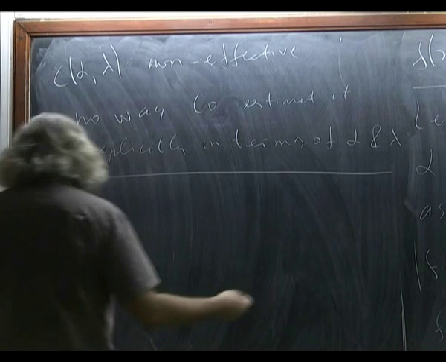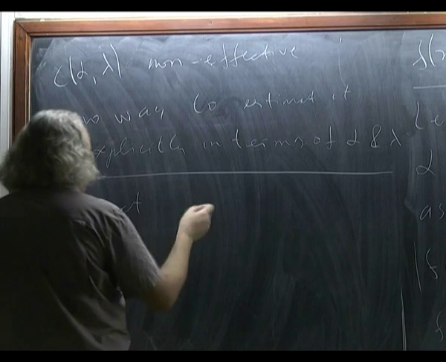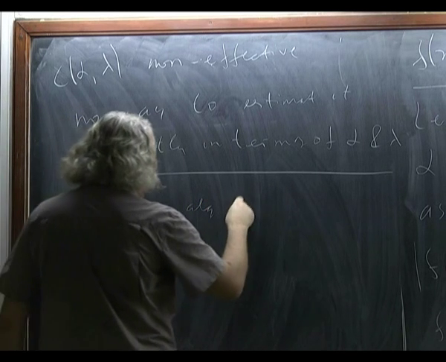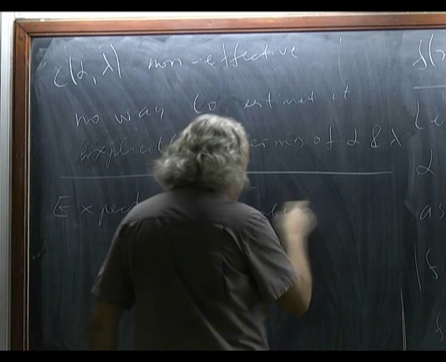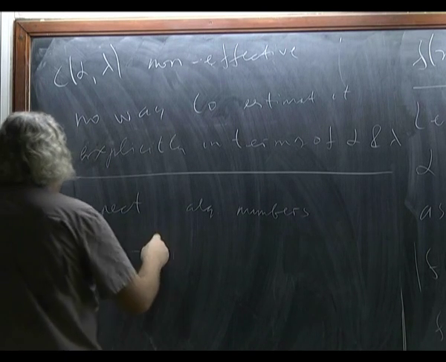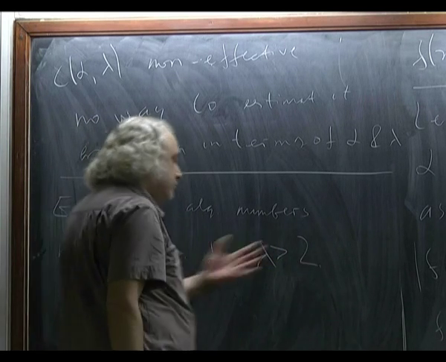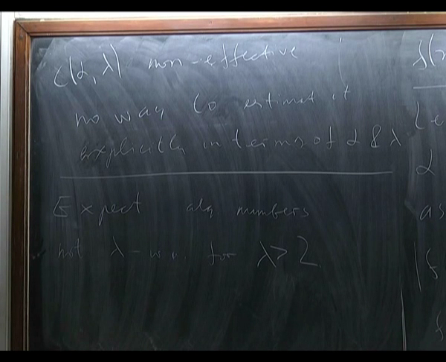So we expect that algebraic numbers are not lambda well approximable for any lambda bigger than 2. So expect that instead of this, one should have the inequality hold for any lambda bigger than 2.